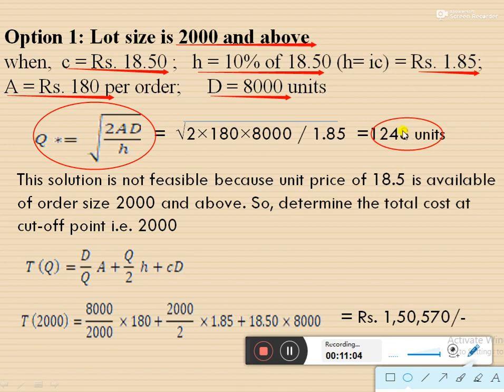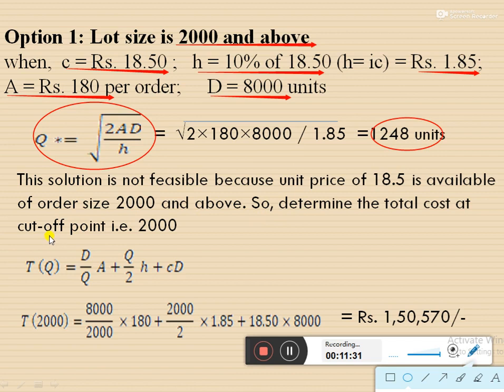But in this case the order size is 1248 units. So it is not optimal to order 1248 units in a single order, because in that case we would not get the unit price equal to 18.50.